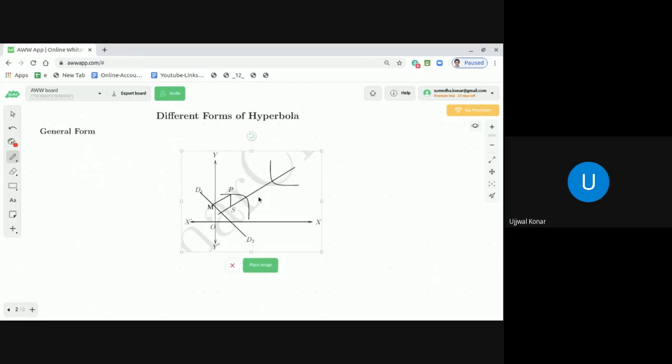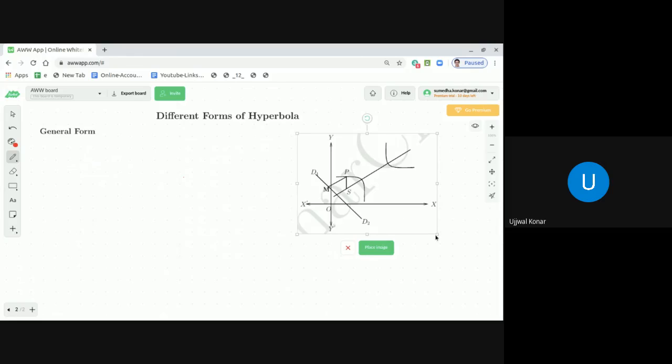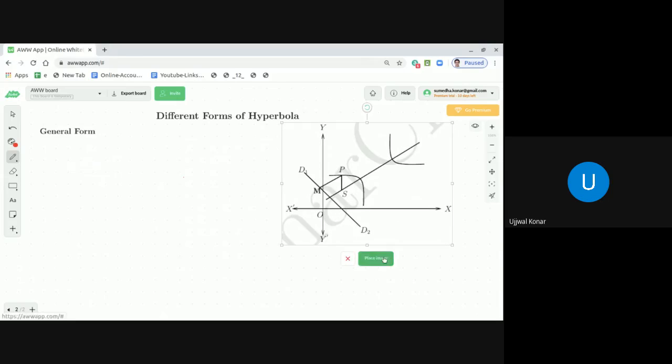Now, before proceeding to understand the general form, let's first give a visual representation. And here it is, dear students. First, look into the diagram. What you see in the background is some watermark, which is the name of our institute, and I'm taking this note from the study material.